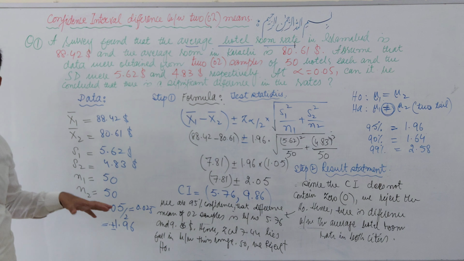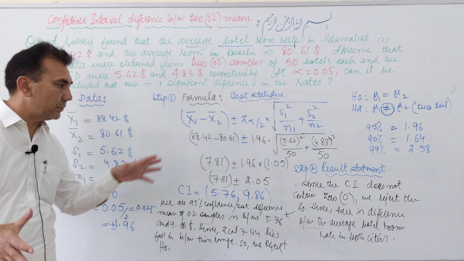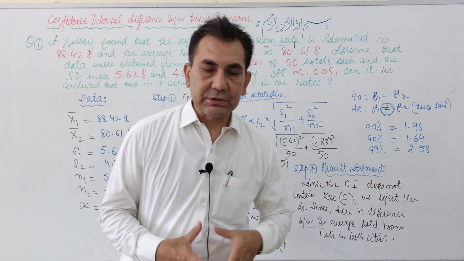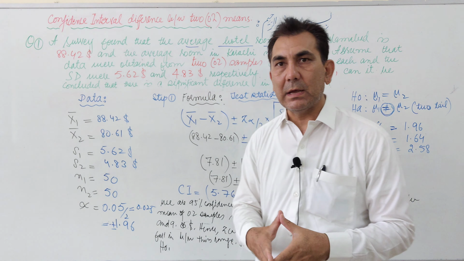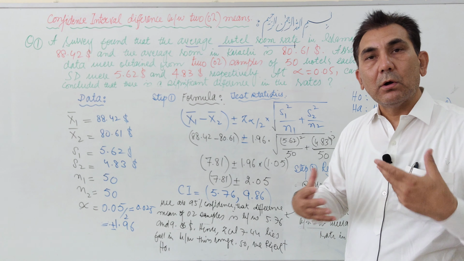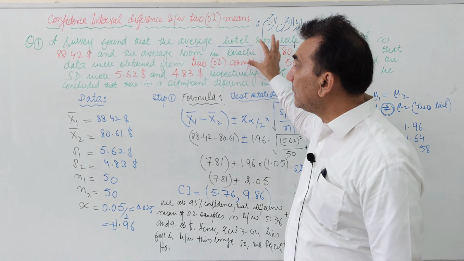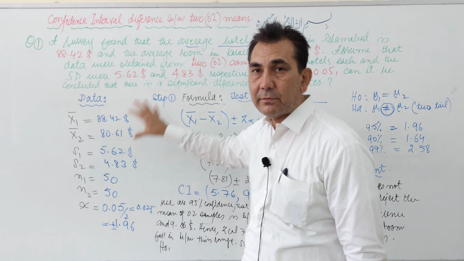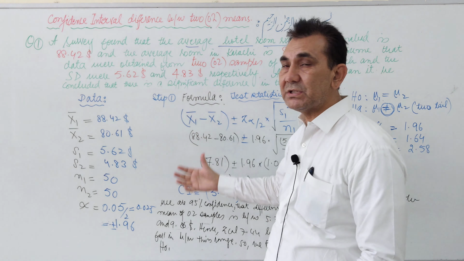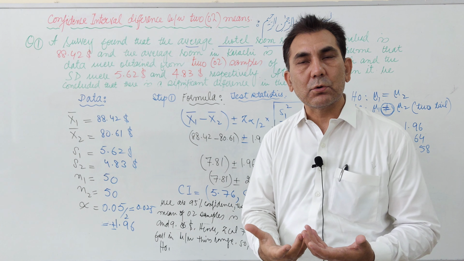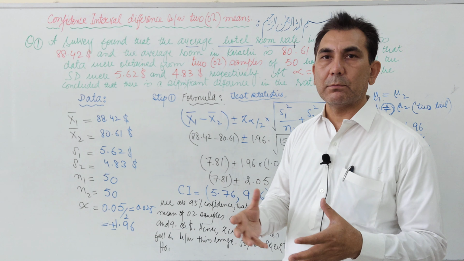You should keep in mind that first of all you should draw the data from the given example, which makes your question very easy and helps you avoid errors. So identify what values you are required to put in the formula.